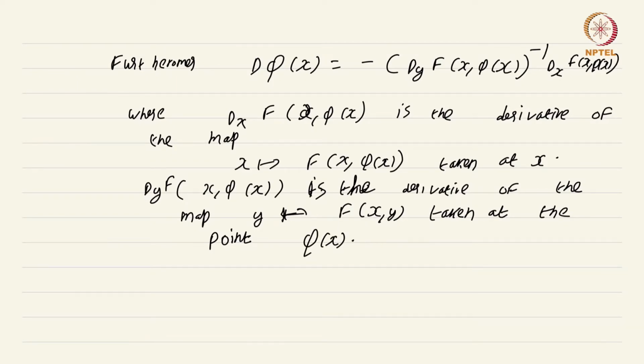So x is fixed here, and you consider the map y going to f of xy and take the derivative at the point phi of x. Not very different from what we did to define dy of f of x naught y naught.